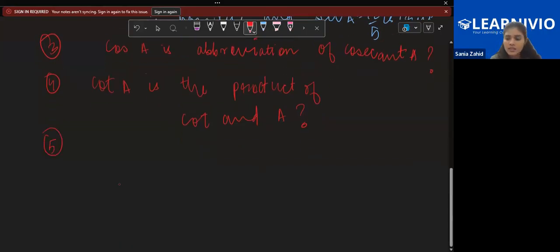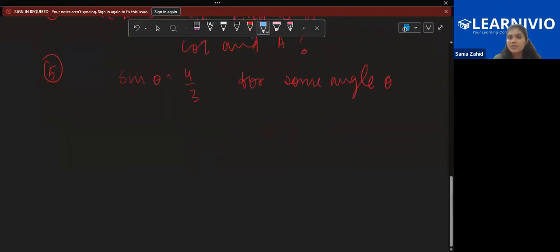Then the fifth question is: sine theta is 4 by 3 for some angle theta. It's the same question as the previous one. Is sine theta 4 by 3 possible?